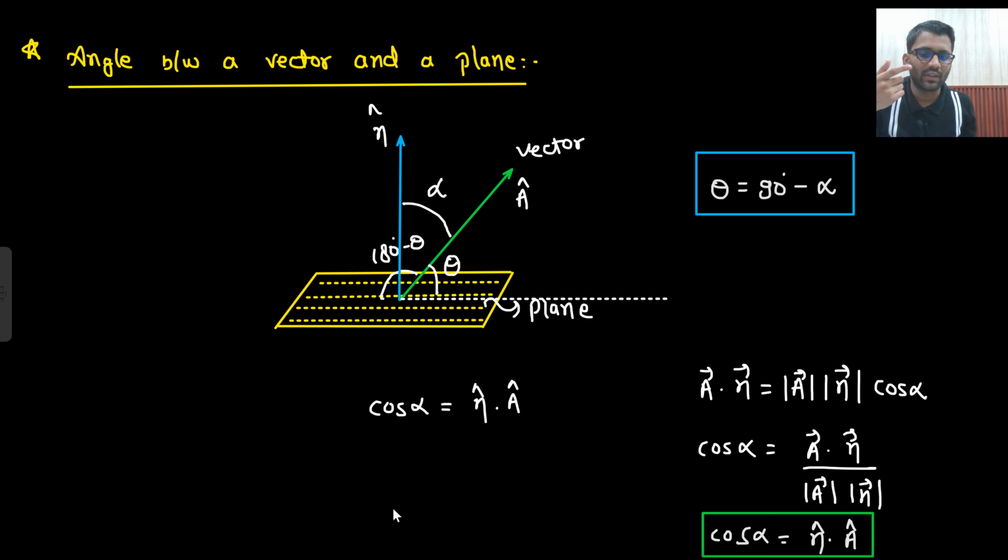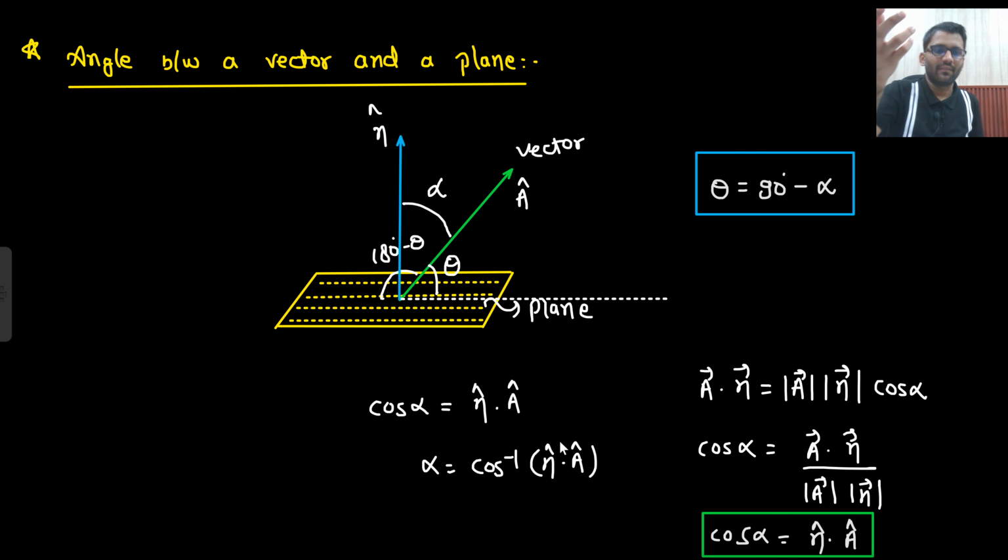If I know the cos alpha, that means from here I can get the alpha as well. And if I know the alpha, don't forget to do this. Many times students will just find this and then say that this is the angle between vector and the normal component. Yes, this is the angle between the vector and the normal component, but this is not the angle between your plane and the vector.